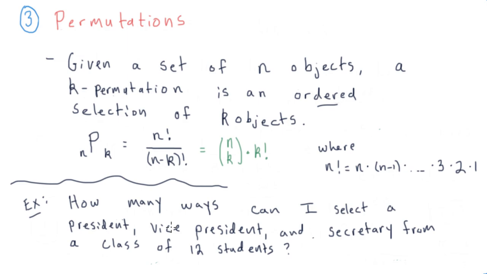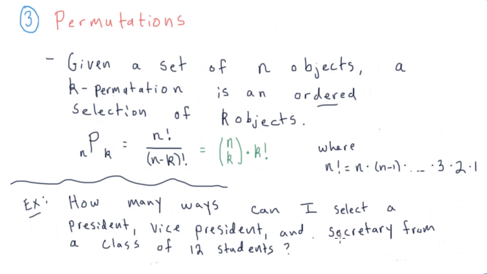But notice that who I pick first is going to be the president, who I pick second is going to be the vice president, and who I pick third is going to be the secretary. Now, that differs from a committee because who I pick first, second, and third, there's no difference, right? The order doesn't matter. But here the order does. So this is a 3 permutation from a set of 12 students.